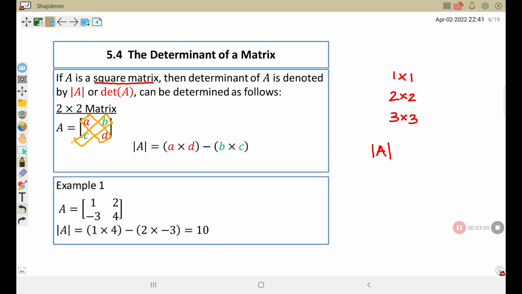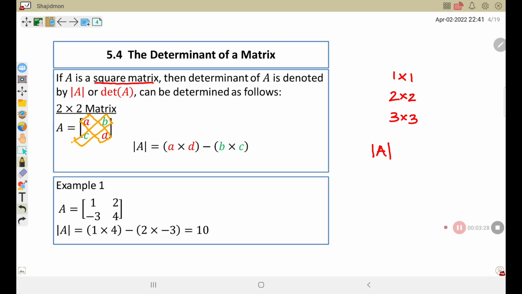For example, you can see A equal to the matrix 1, 2, minus 3 and 4, correct? It is a 2 by 2 matrix because we have 2 rows and 2 columns. Now what is the determinant of A? First we multiply the main diagonal of the matrix. What are the main diagonals?